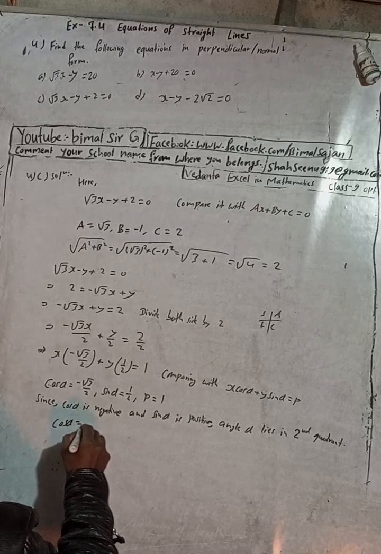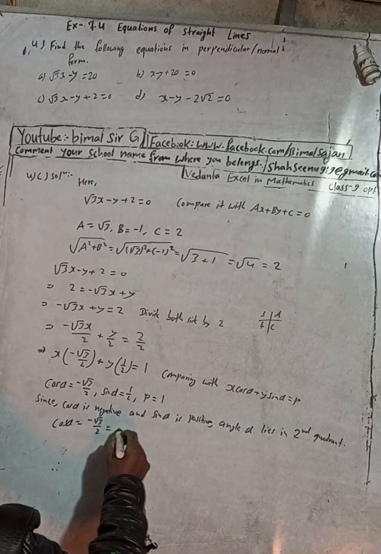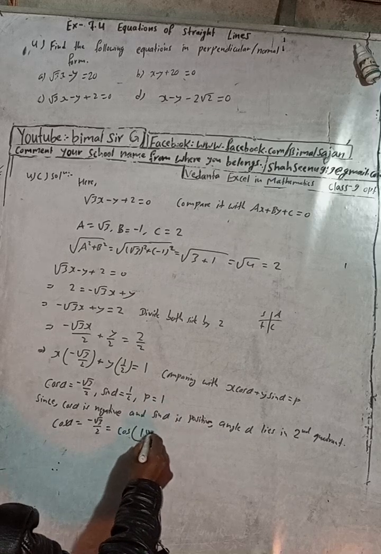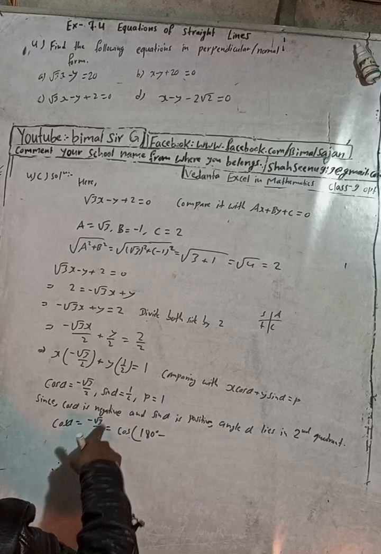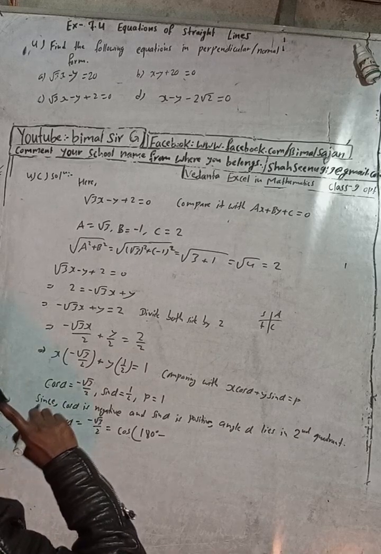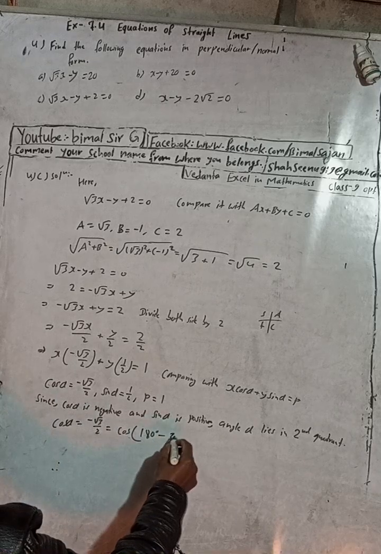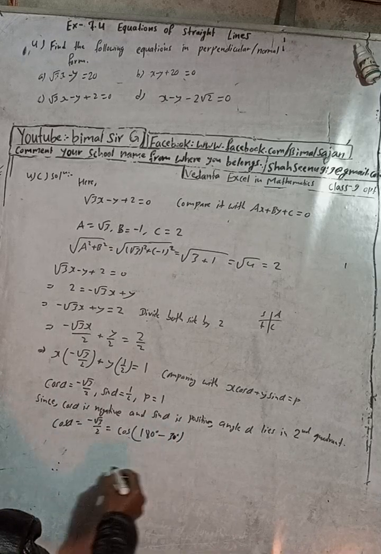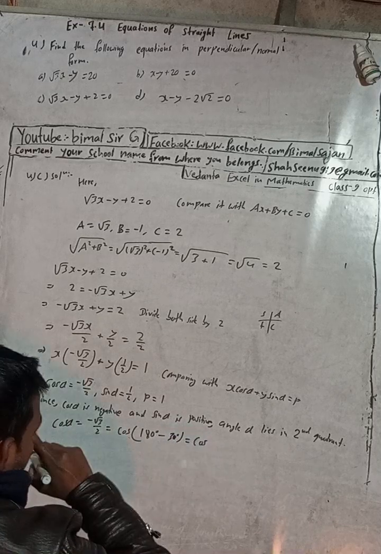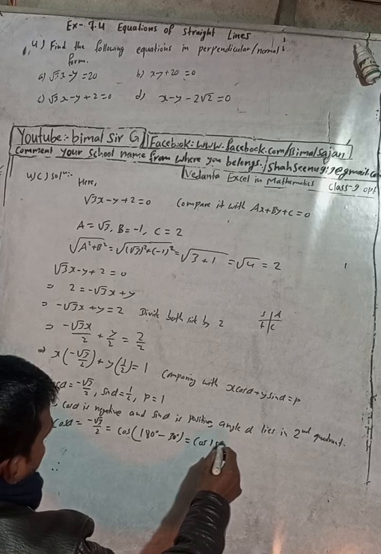Cos alpha is equal to minus root 3 by 2. Since the value lies in the second quadrant, we take 180 degrees minus the angle, and root 3 by 2 is the value of cos 30 degrees. So this can be written as cos 180 minus 30, which is 150 degrees.